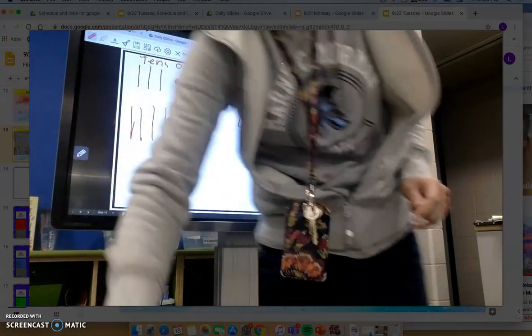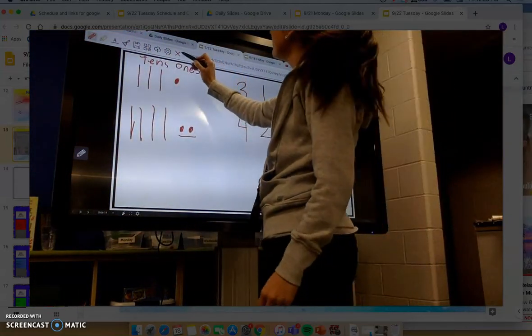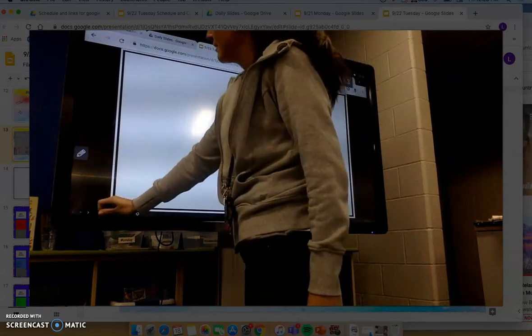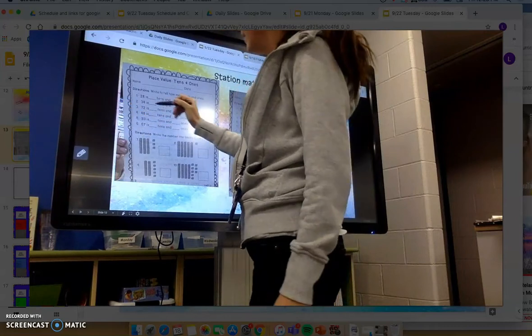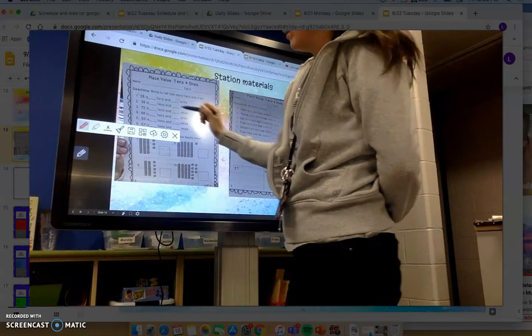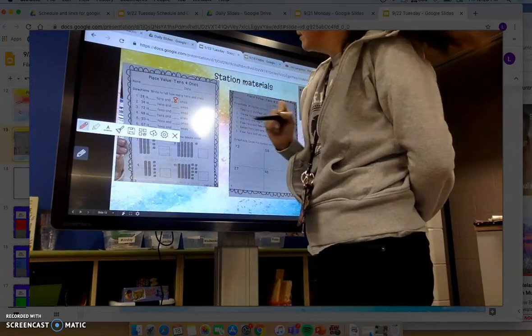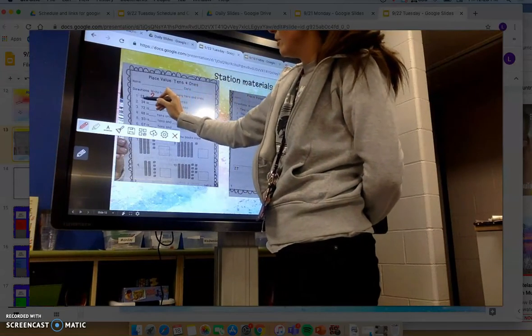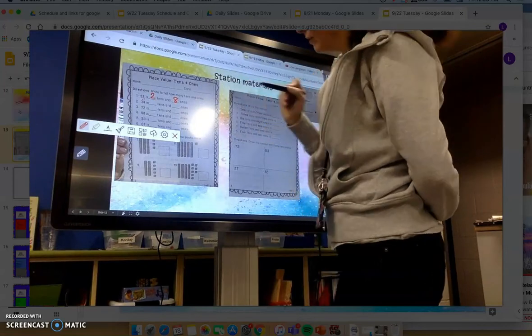So I'm going to go back a slide. That'll be exactly how you record on here. 28 is how many tens and how many ones? Well, look in the ones column, there's 8. So it's 8 ones. And how many tens? A 2. Okay, so there's a freebie for the first one.